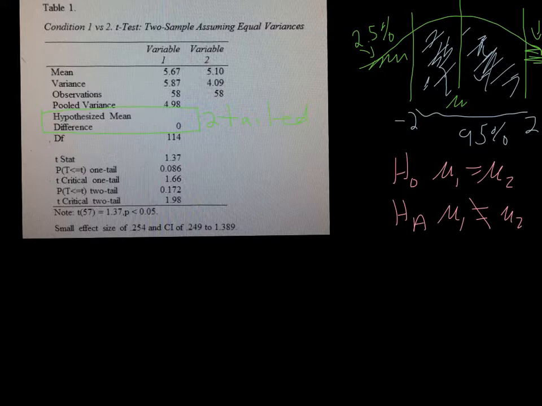The reason I'm thinking that is that it just said we're testing whether they're equal or not when they say hypothesized mean difference. They're just saying it's either equal or it's not. And in this case, when they say there's no difference, they're saying it's equal. So I'm assuming it's a two-tailed test, and it doesn't matter if one is higher or lower than the other. So we're going to go with that assumption.